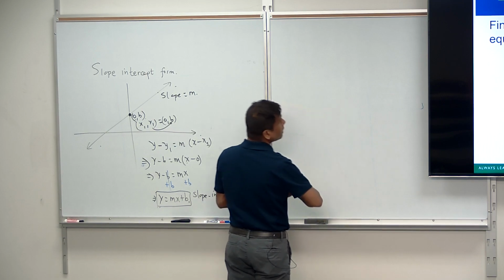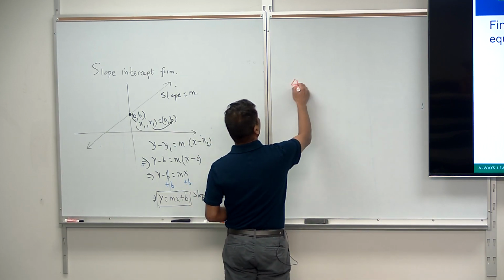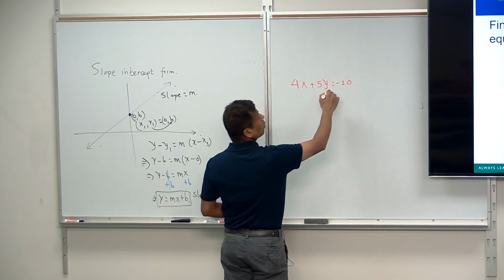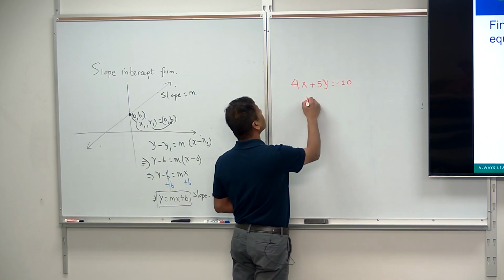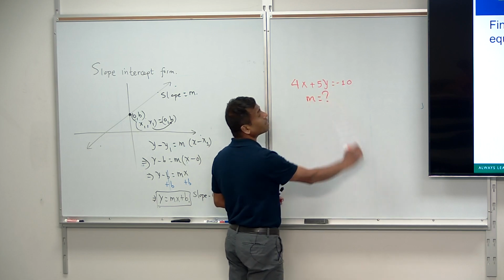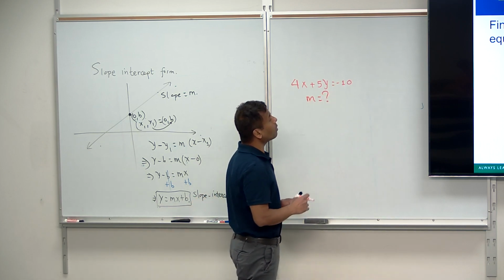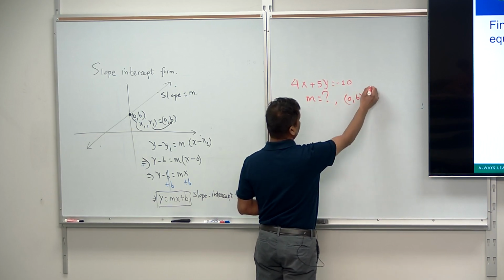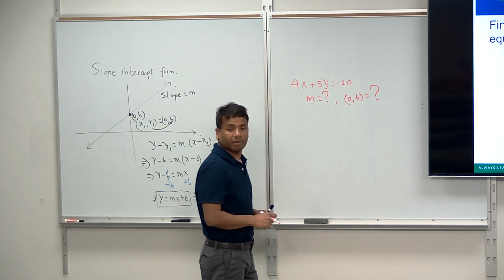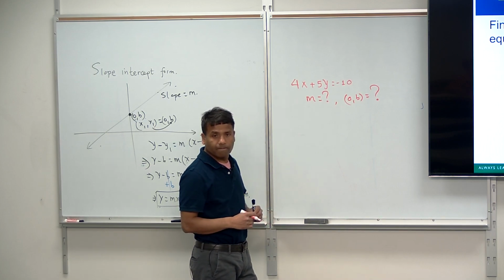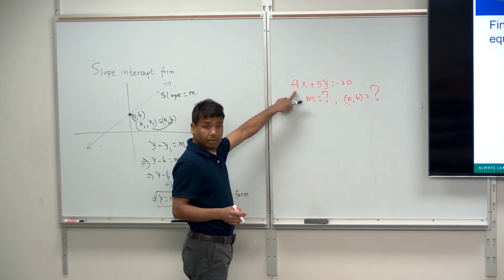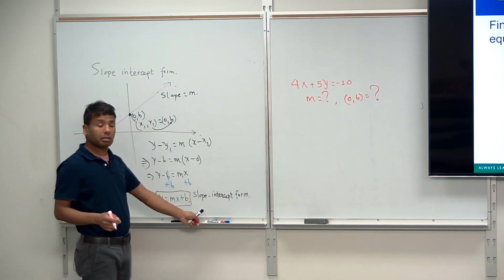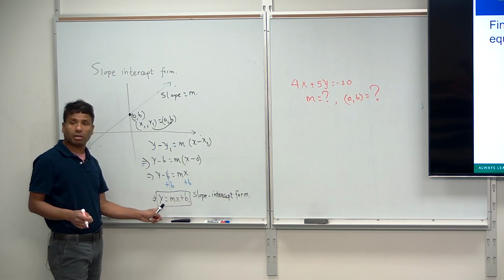You have the equation 4x plus 5y equals negative 10. You are going to find the slope, m equals what? And you are going to find the y-intercept, (0, b) equals what? Is that right? So now you can rewrite this equation into this form, y equals mx plus b.